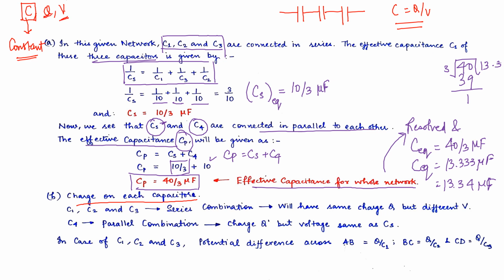Now when we see a series combination, in this case the charge on every capacitor will be the same, Q, Q, Q. But if Q is also the same, V needs to be varied. So in series, charge is the same for all capacitors, V varies.